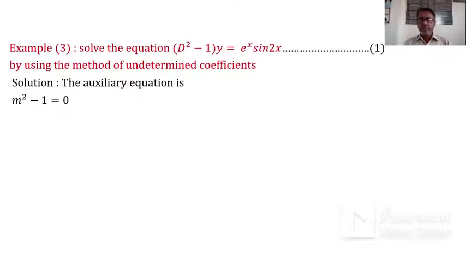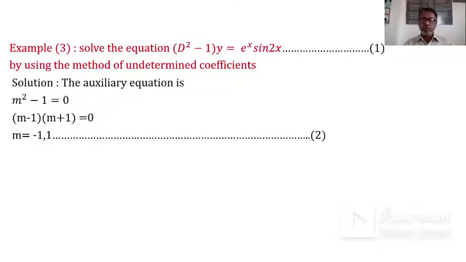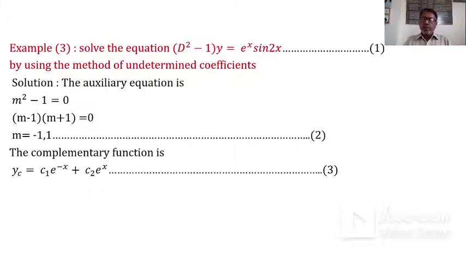Therefore, its factors are (m minus 1)(m plus 1) is equal to 0. Therefore, m is equal to minus 1 and 1. Therefore, the roots are real and distinct. Therefore, yc is equal to c1 e to the power minus x plus c2 e to the power x.